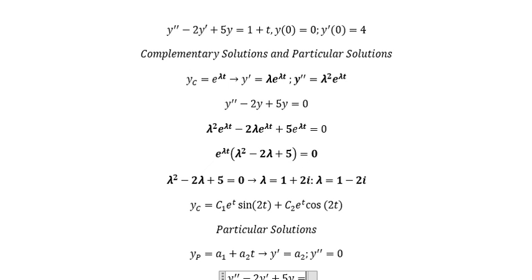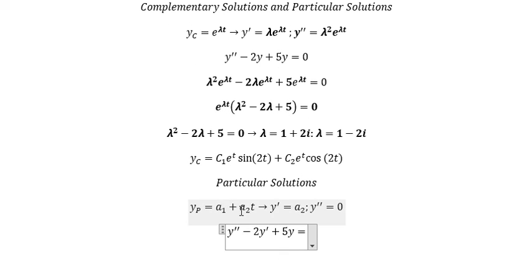Now we put this one to replace for y, and a2 we go in here, number 0 go in here.